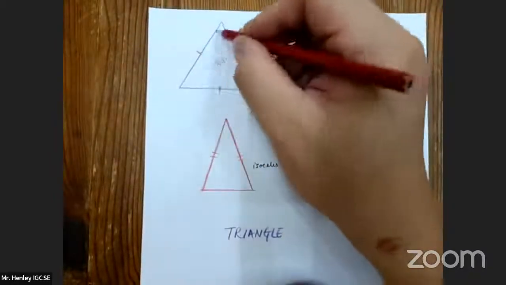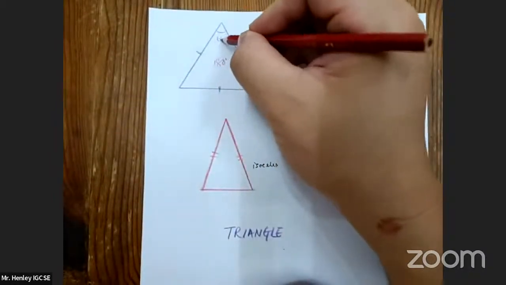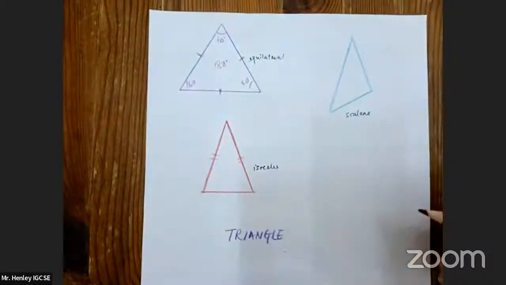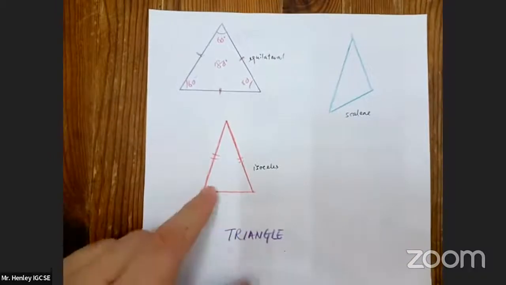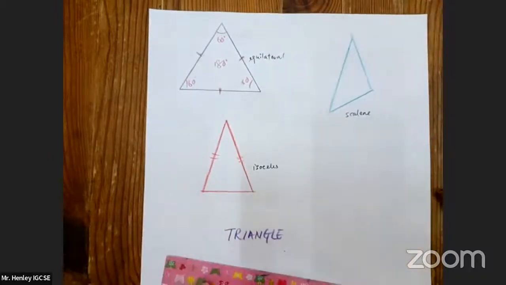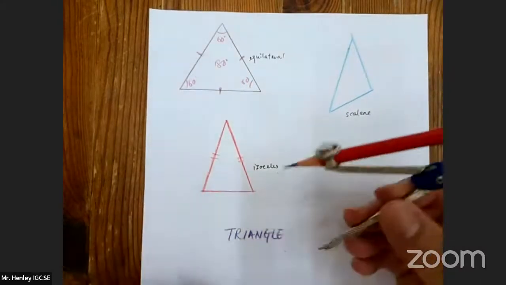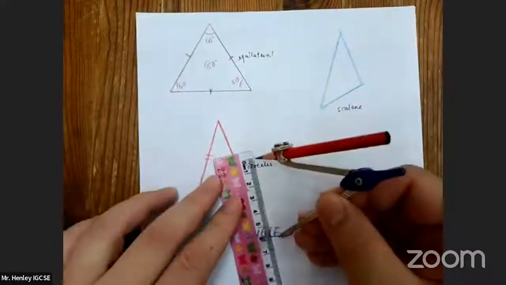Since they have the same size, each one will get 60, 60, and 60. For the isosceles, it's not only this way. I can draw another isosceles for you. Allow me to use the line. For example, I'm using this again, 6 cm.